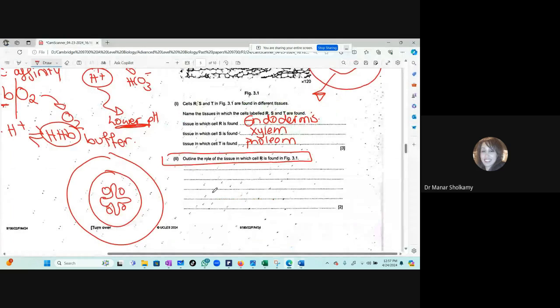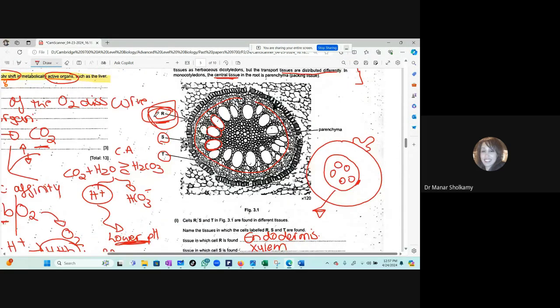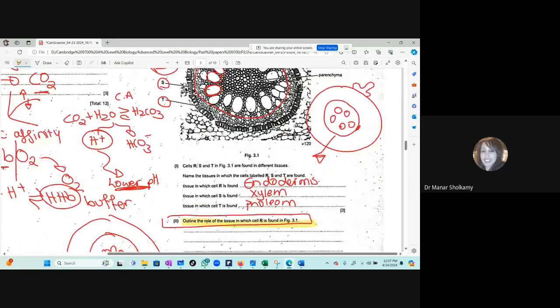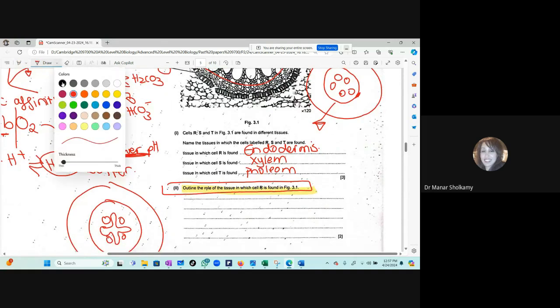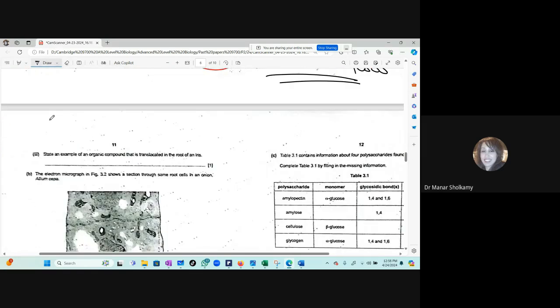So going back to this exam, what is the role of the tissue? If you do not know what R is and you got it wrong, you will get this question wrong. That is why this question is tricky. So I will highlight this question. This is the endodermis, and it has several functions. First, it controls the water pathway.